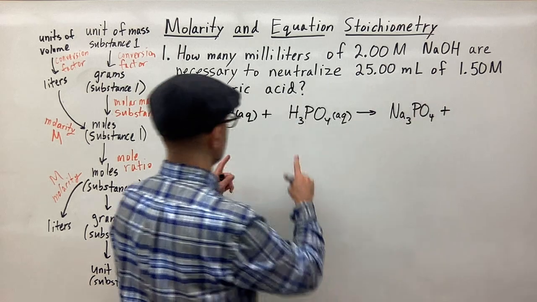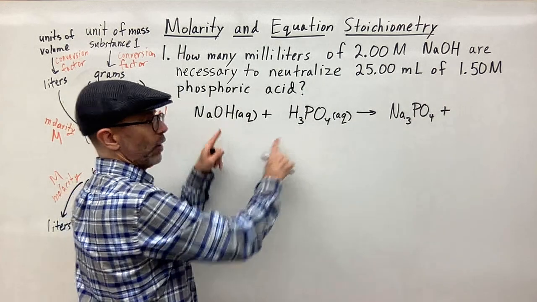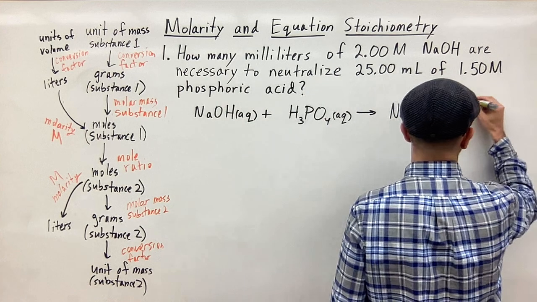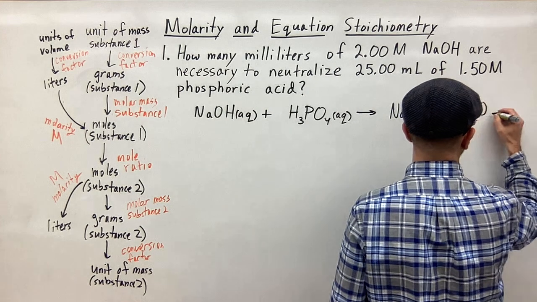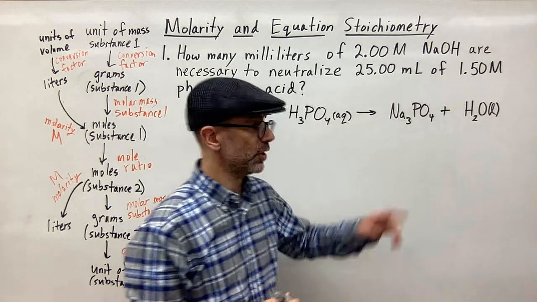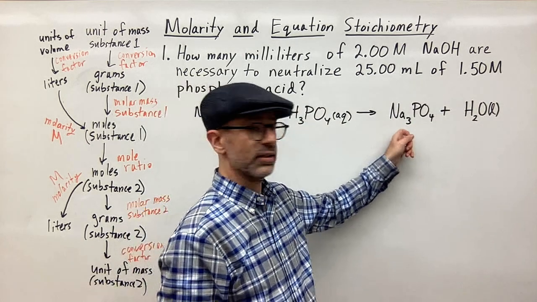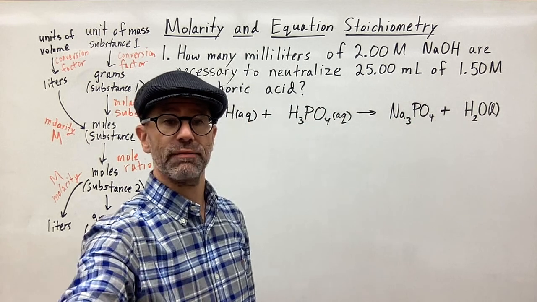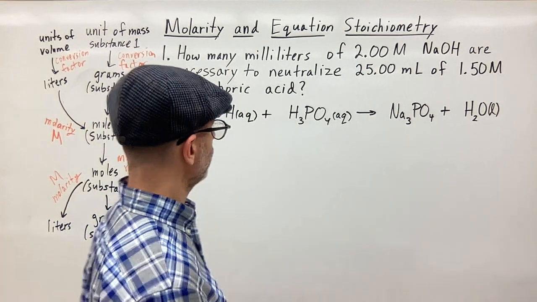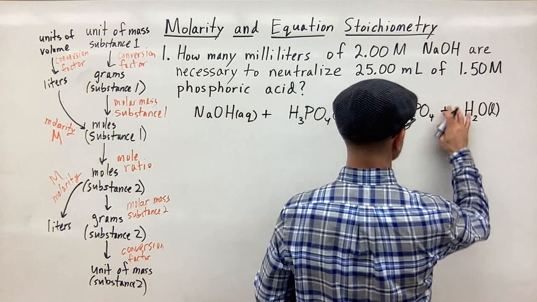And then the second one, we're going to put our hydrogen together with the OH. That's going to make water. So we have H2O, and that's a liquid. And then we're going to have to figure out the state of matter of sodium phosphate. And that's going to be aqueous as well.